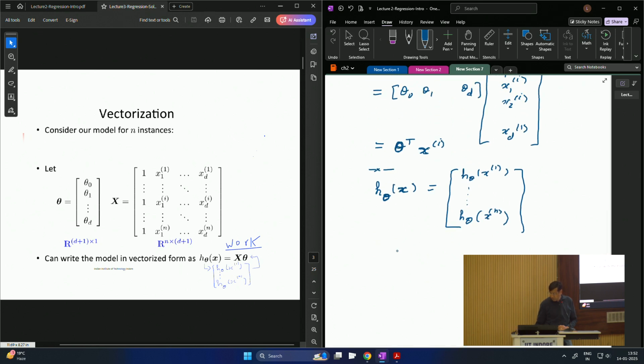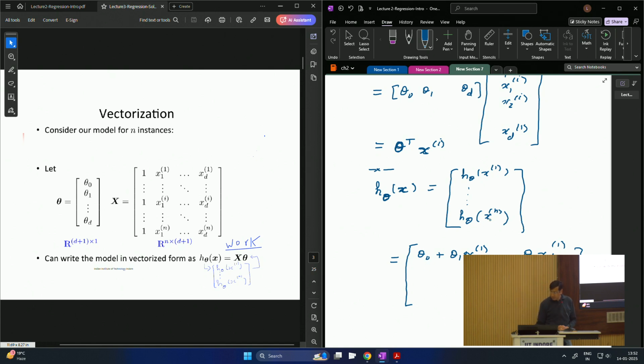So if I have to write this, what was h theta x1? It was theta naught plus theta 1 x1 superscript 1 till theta d xd superscript 1. Correct? This was at the x1 point, all the dimensions of x.